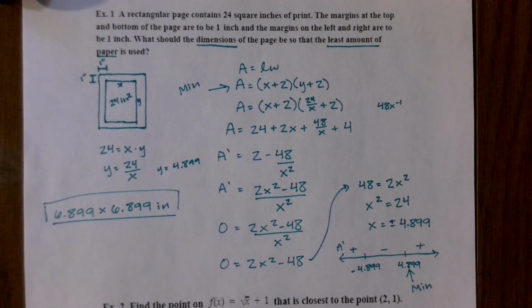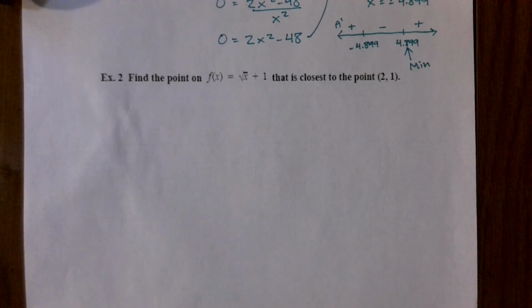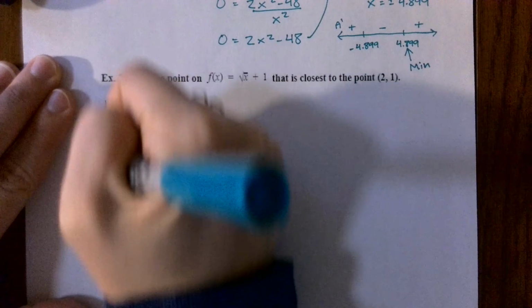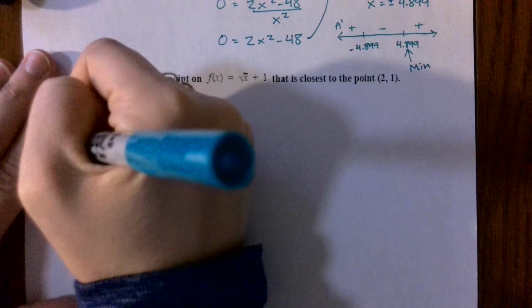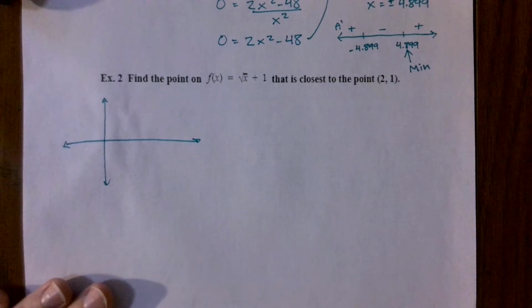Okay, so that was minimizing paper. Our example 2, we're finding the point on this function that is closest to the point 2, 1. So a little less wordy. But we still have a picture that we can look at with this.